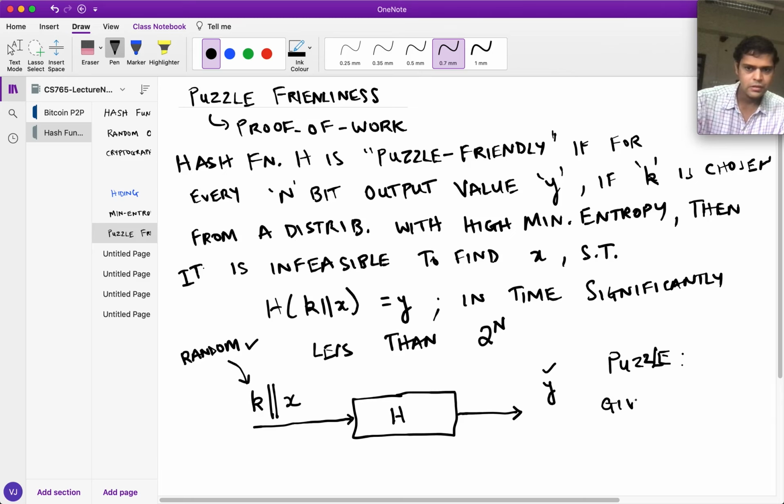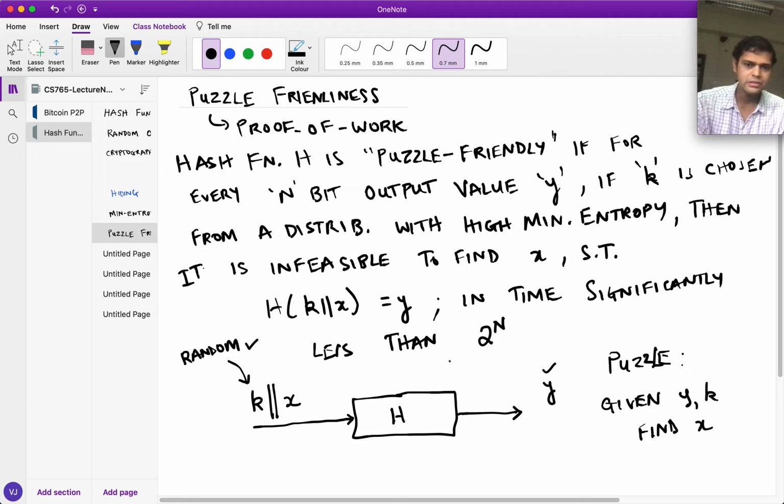Okay, so given y and k, find x. And the hash function is puzzle friendly if you have to do computation of the order of 2 to the power of n. Okay, definitely not much smaller than that.